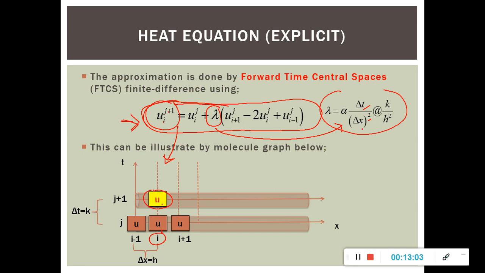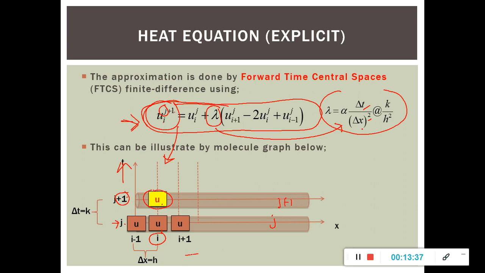Okay, j is on the y-axis. Your first, initial time on the y-axis is j. A time after the initial time is j plus 1. This is the j plus 1 coordinate on the y-axis.